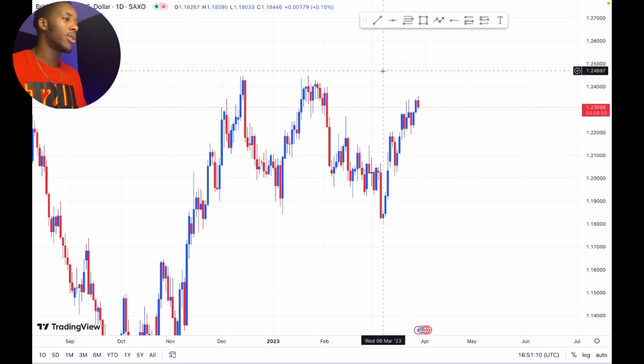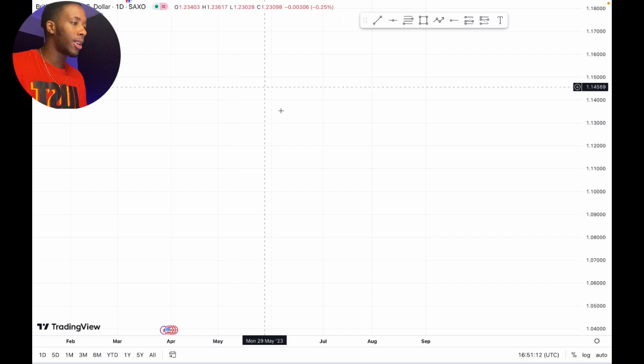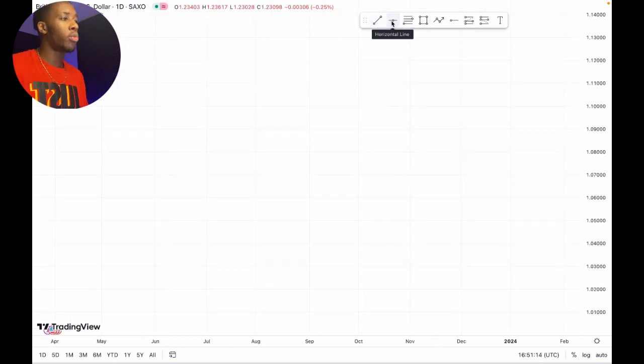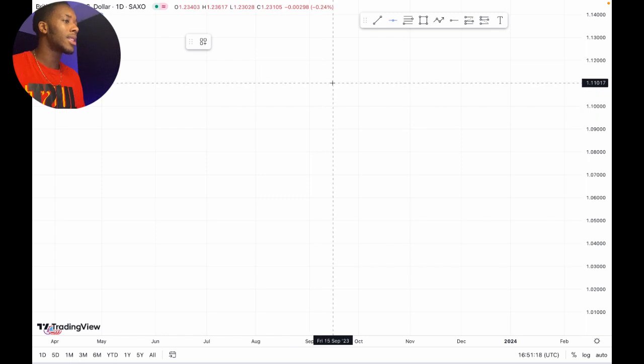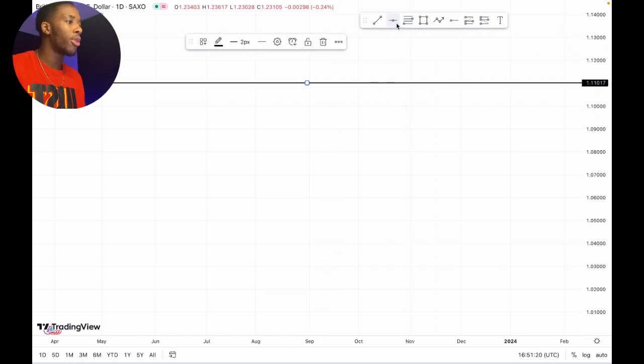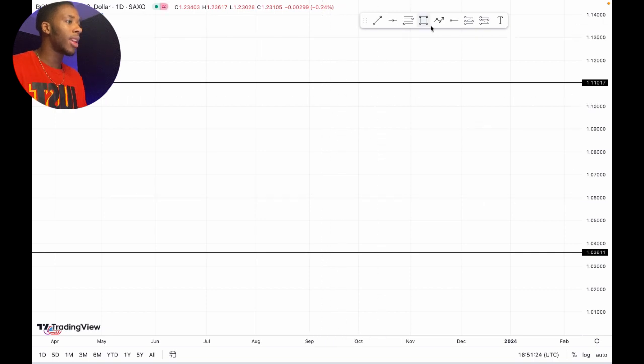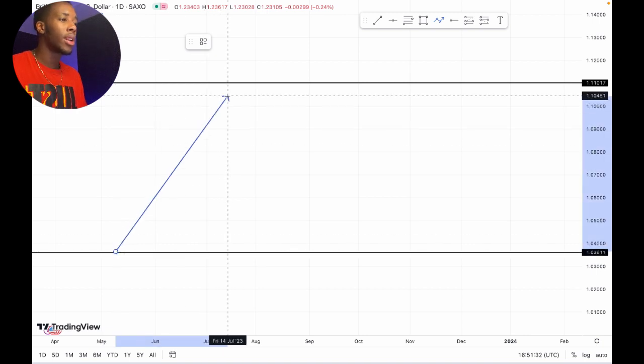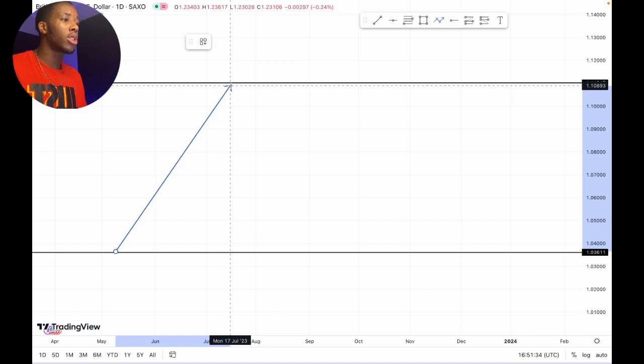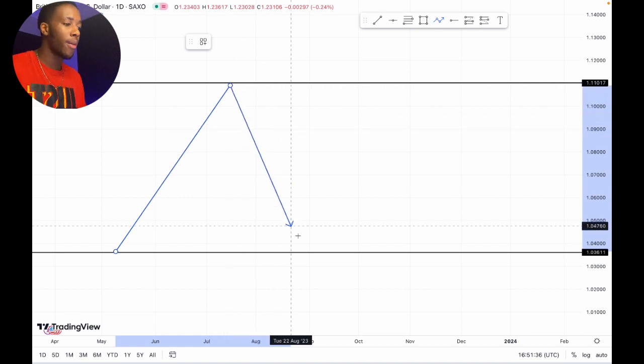So what is support and resistance? We'll start with resistance now. Resistance is basically a roof and support is like a floor, right? Resistance is a price level where we expect the market to drop every time it reaches it.